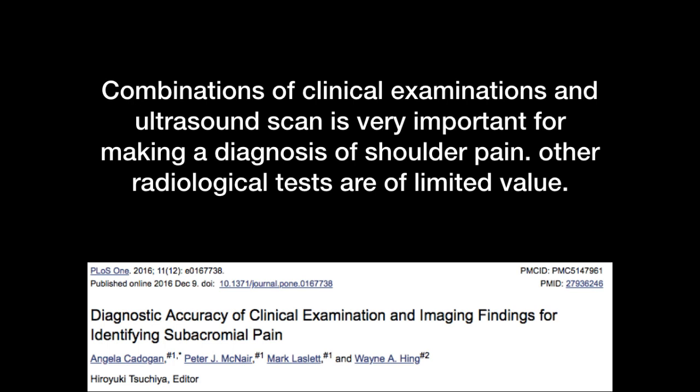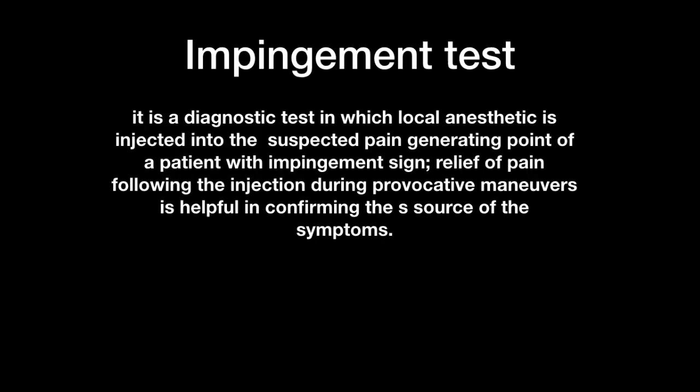This study mentions that the combination of clinical examination and ultrasound scan is very important for making a diagnosis of shoulder pain. Other radiological tests are of limited value. So they emphasize clinical examination and ultrasound. Just a brief about the impingement test.